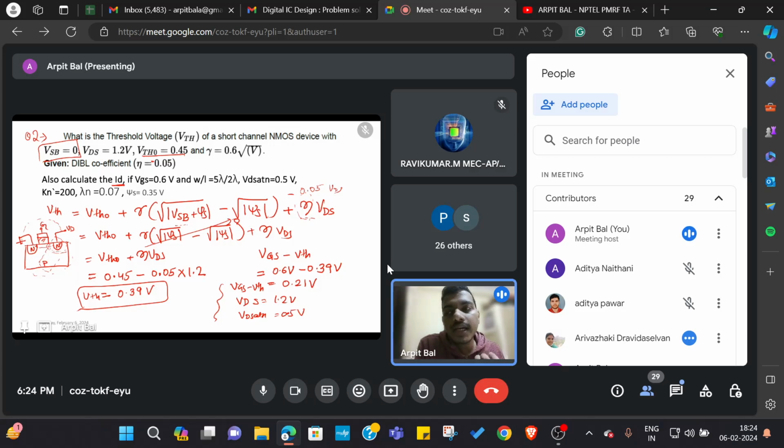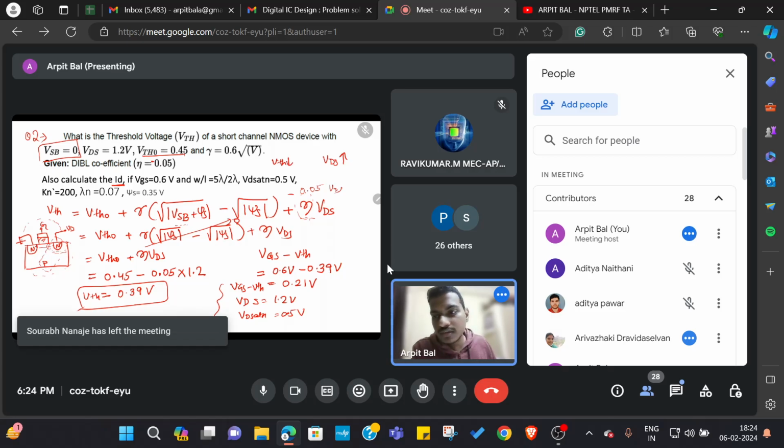So it is kind of decreasing our threshold voltage. So if my VDS increases, my VTH should decrease.